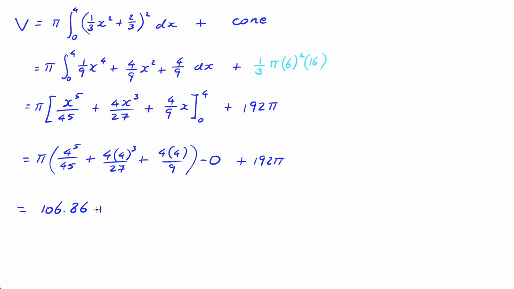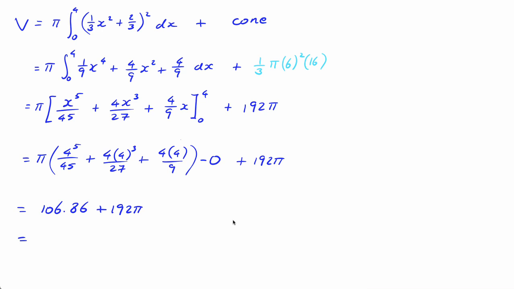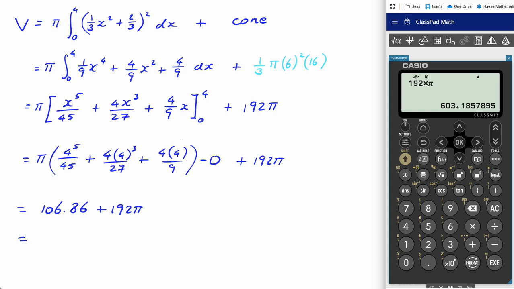So it's 106.86 plus 192 pi. This is all to the nearest integer. So let's do 192 times pi as a decimal please, 603.18. So, well, actually, let's do this, guys.